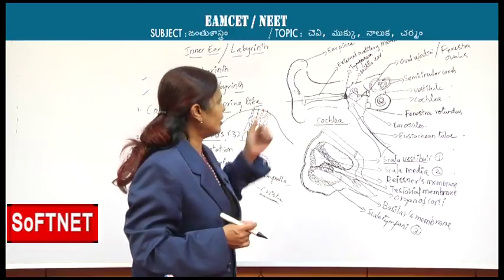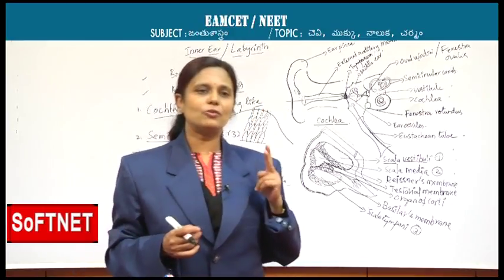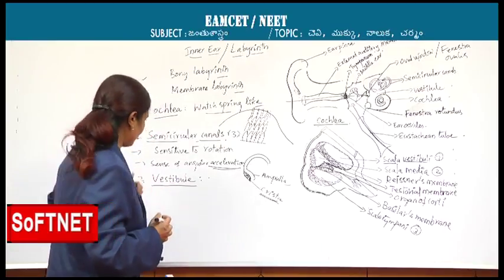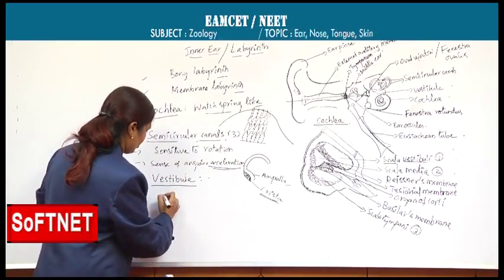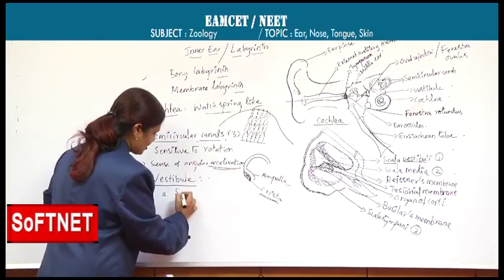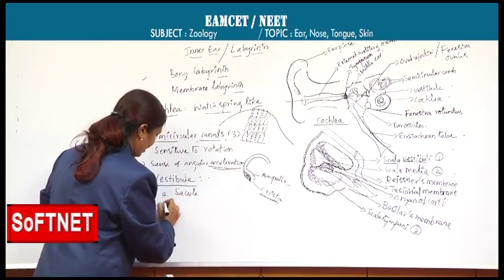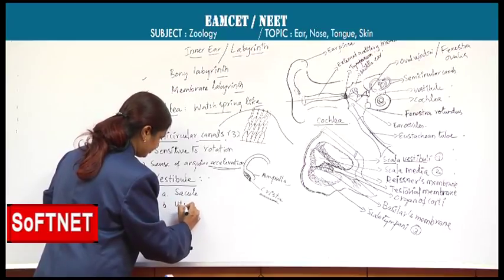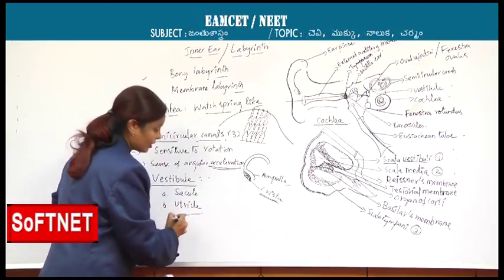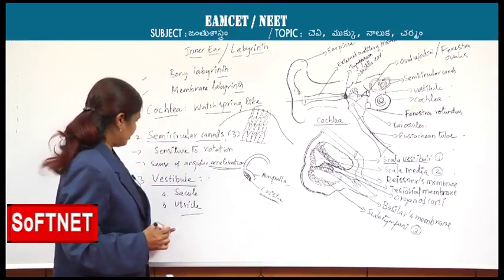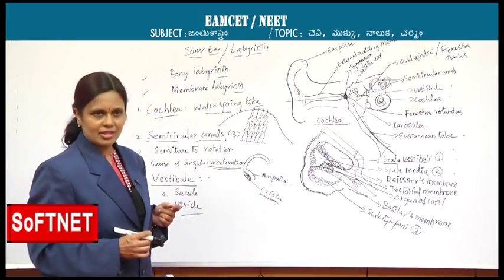Inside this vestibule, there are two membrane labyrinths, called saccule and utricle. Saccule and utricle are the two membrane labyrinths present inside the vestibule.